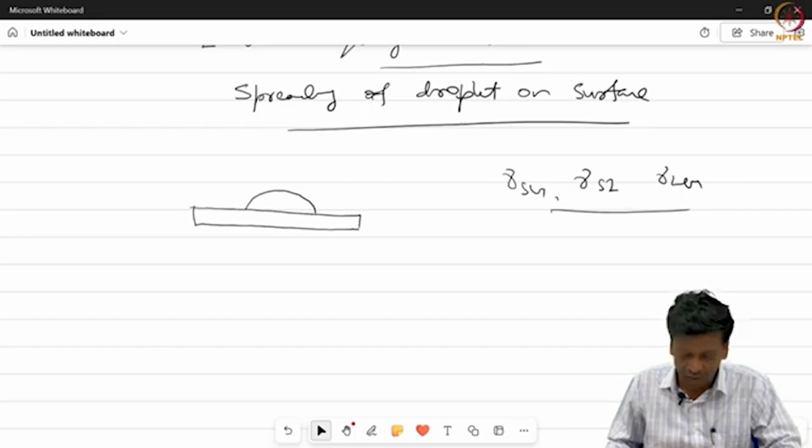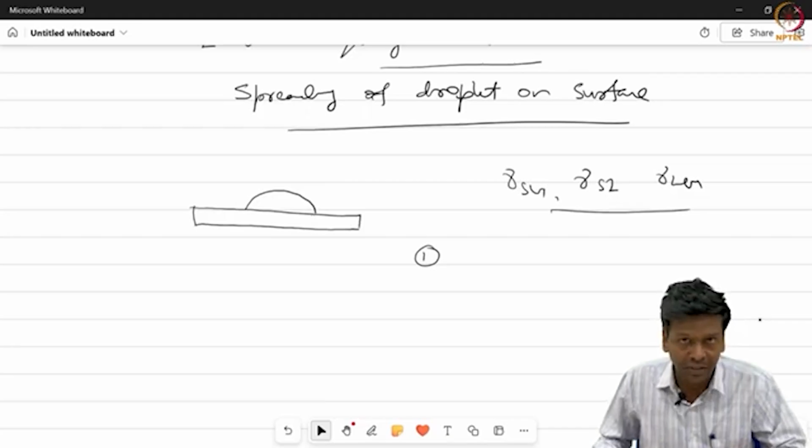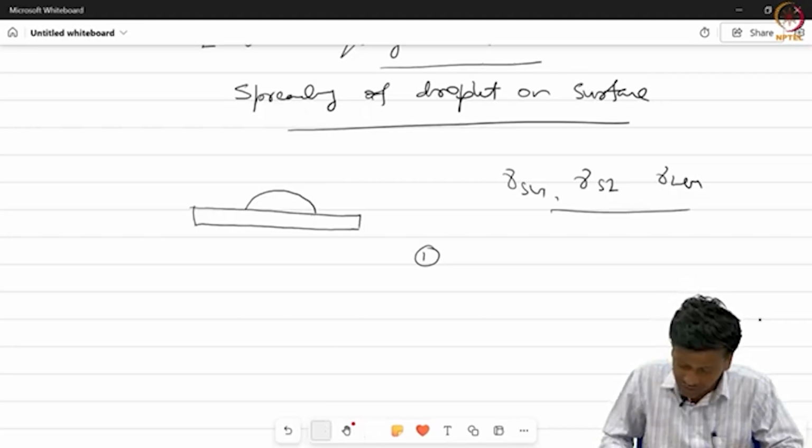So before we begin, let's understand the assumptions proposed by Young, which is nothing but that this equation can be used only when equilibrium condition is considered, right? For example, in this case, when we place a droplet, we are not interested in measuring theta instantaneously.